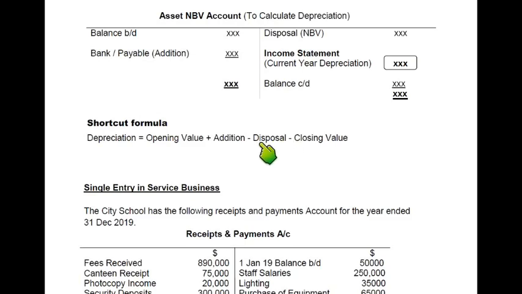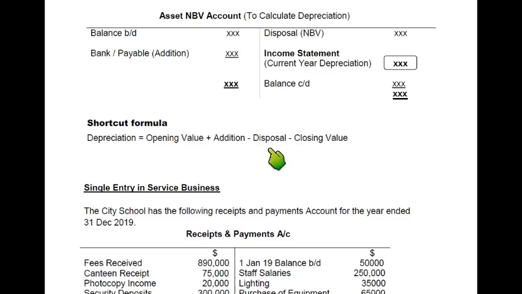So in this disposal, this is the value of the asset that is sold and not the amount we have received. Thirdly, if the cost of the asset sold, its value, and the amount received are all given, again we will consider the value and not the cost and not the amount received.